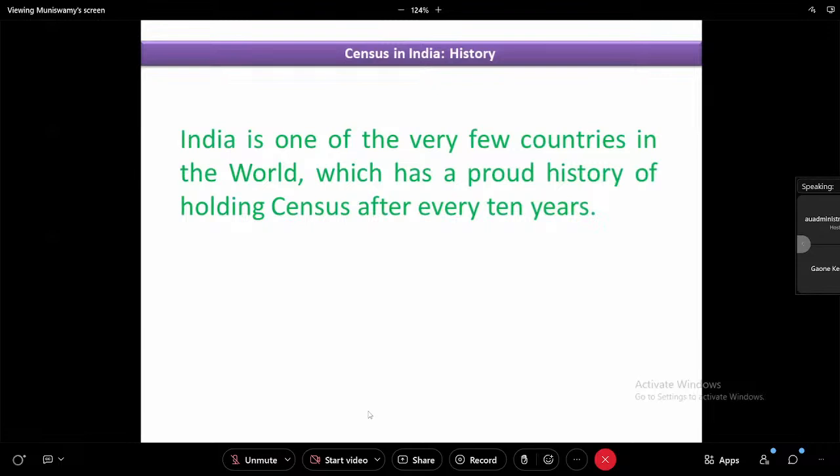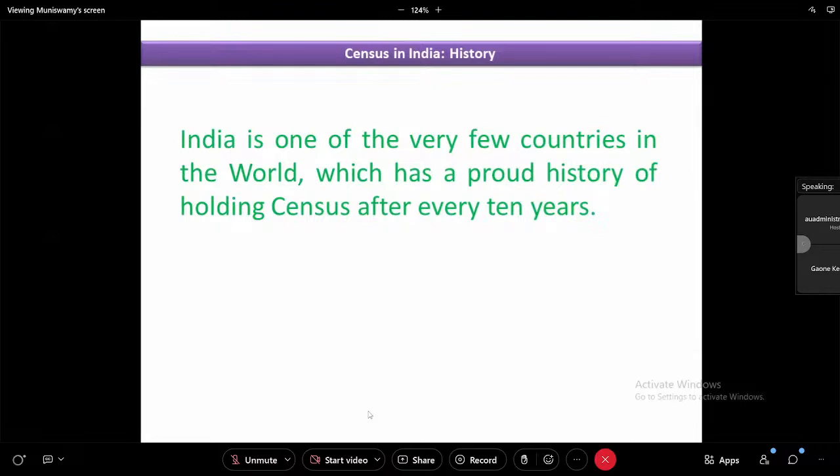India is one of the very few countries in the world which has a proud history of holding census surveys after every 10 years. So our survey techniques are very powerful when compared to other countries.